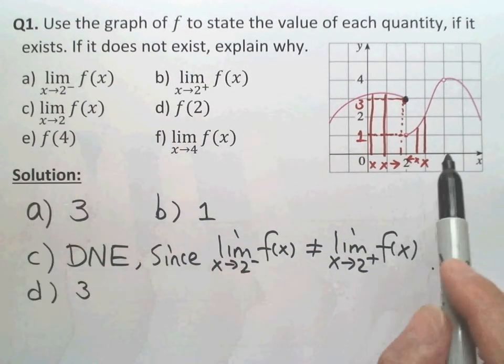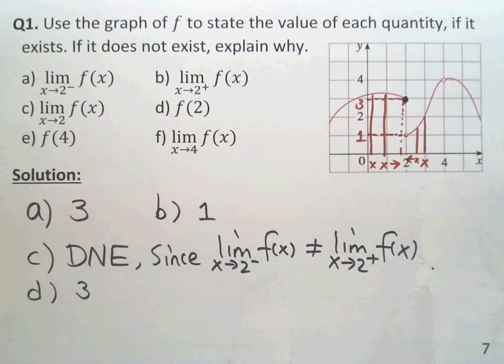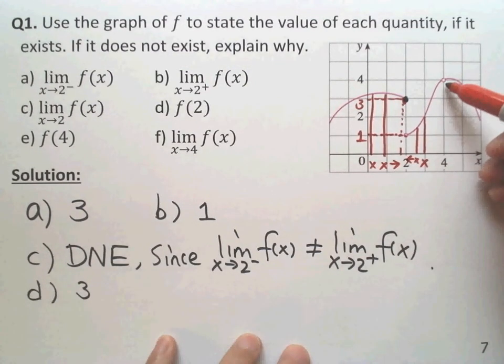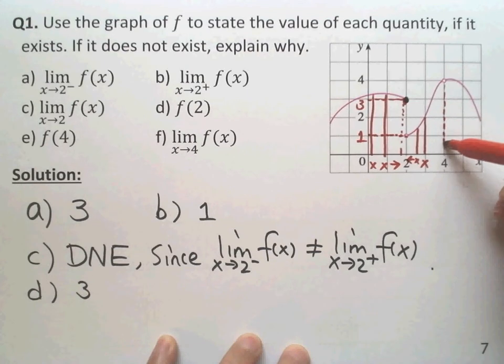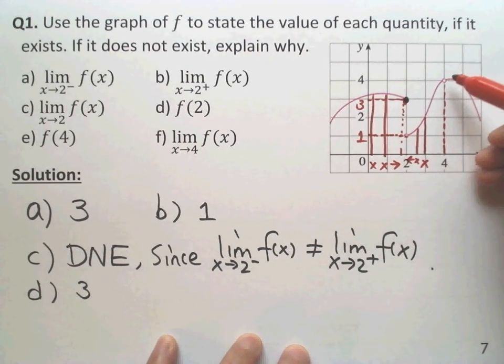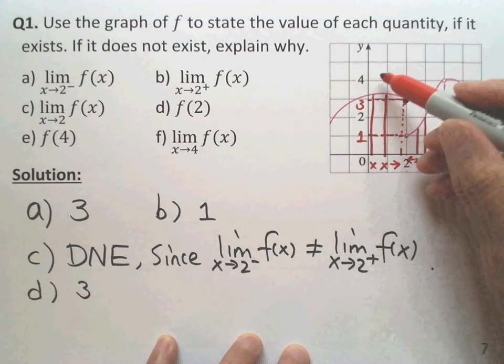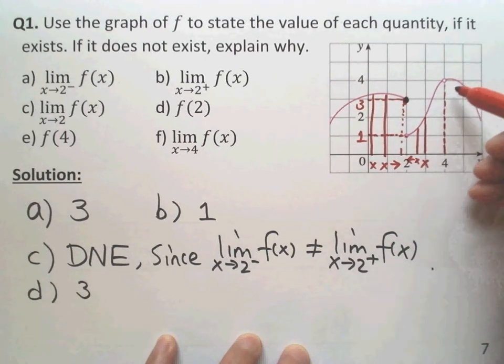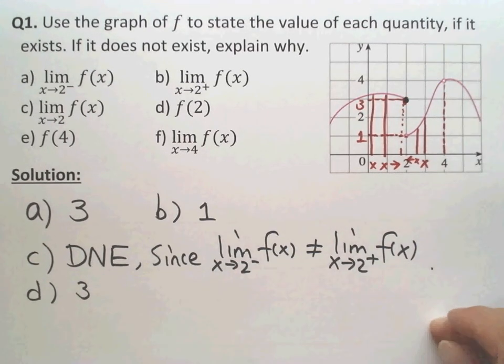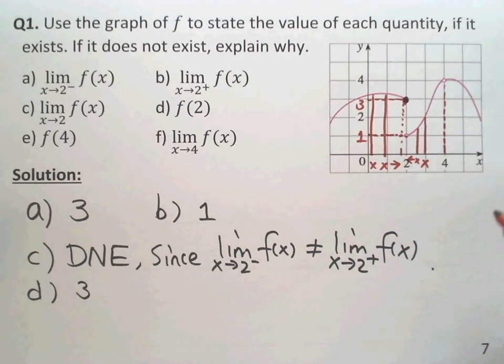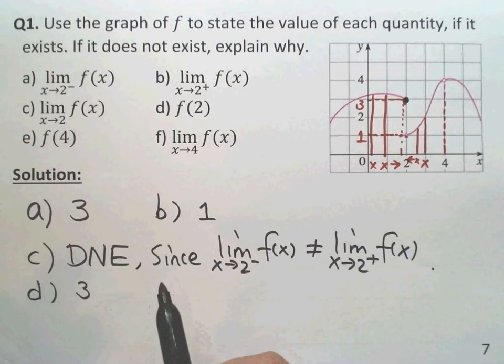Okay, two more. What is f at 4? Let me see f at 4. Can you see? f at 4 is here, right? This is f at 4, and this is empty. Can we say f at 4 equals 4? No, because this is empty, which means we never defined the value of the function at x equals 4.